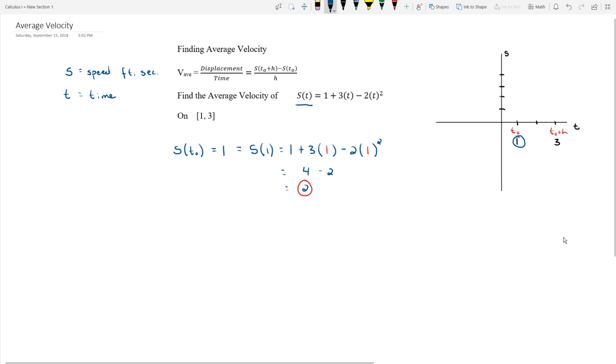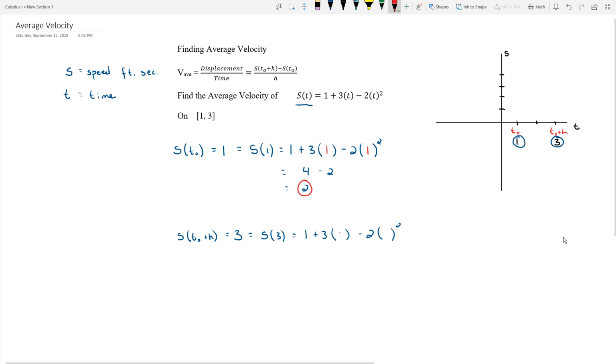Next, we have our input at 3, so we have s of t sub 0 plus h is equal to, and we've been given that value of time as well, 3. So we can just say that it is s at 3, which is equal to 1 plus 3 multiplied by 3 minus 2 times 3 squared.